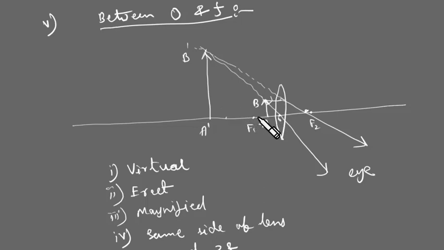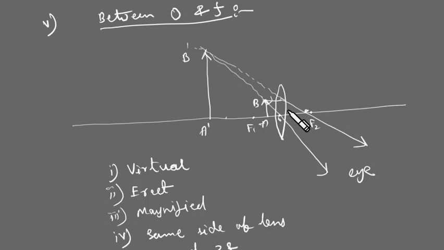So basically, up to f, when we brought the object from infinite distance towards the lens, we got only real images, and the image started from the focal point and slowly got away from the lens up to infinity. So as we slowly brought the object towards the lens, the image slowly went away from the lens.